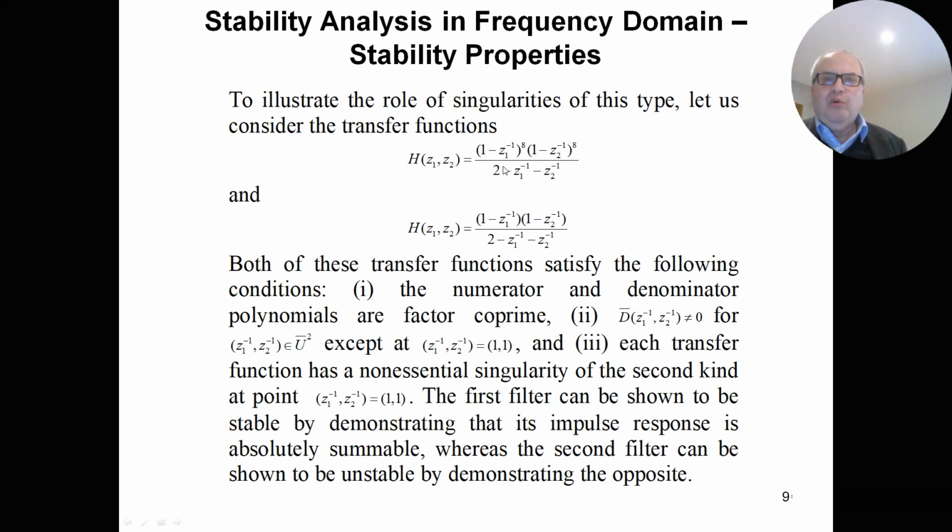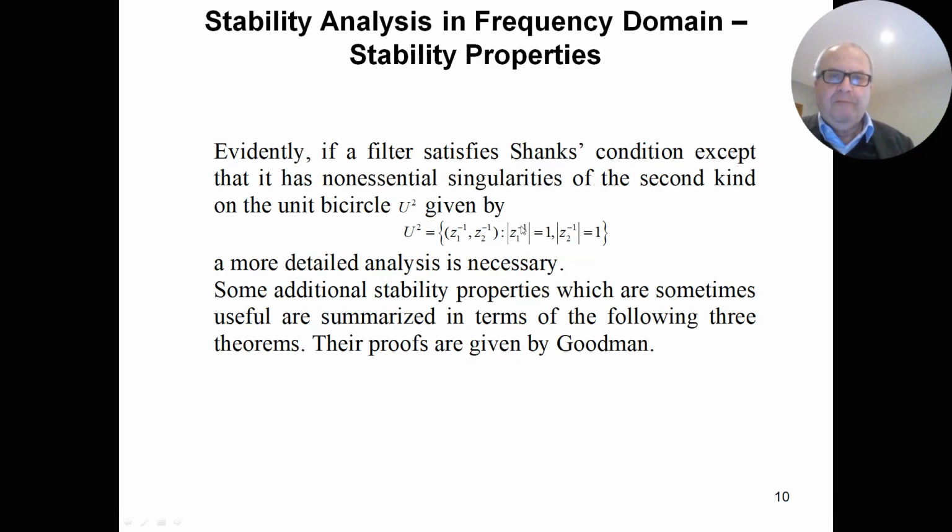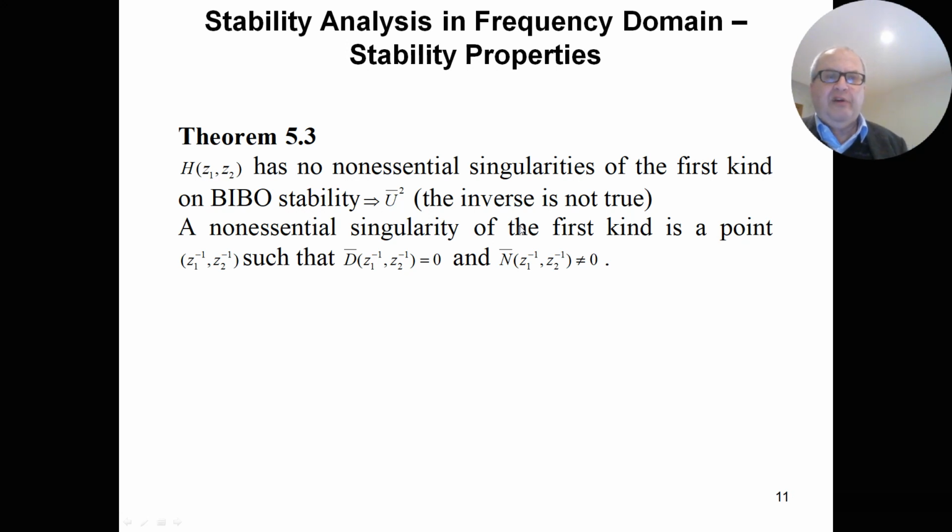But for z1 equal to 1 and z2 equal to 1, this is 0, and this is 0, and this is 0. So this theorem cannot conclude. We don't know. If we make further analysis, of course, we can prove that the first is stable while the second is unstable. So we need more practical theorems.